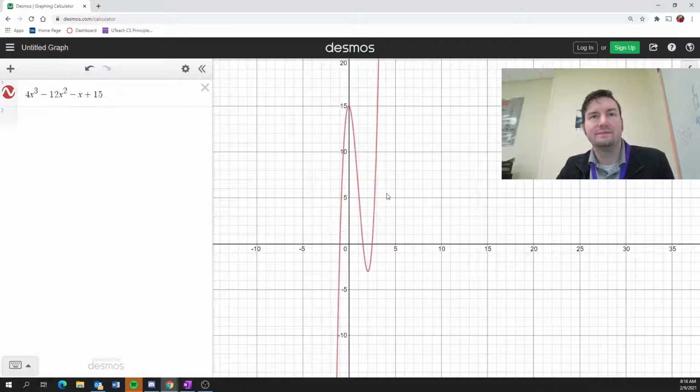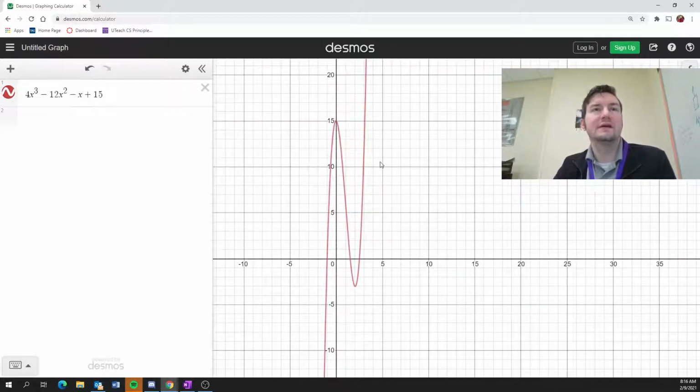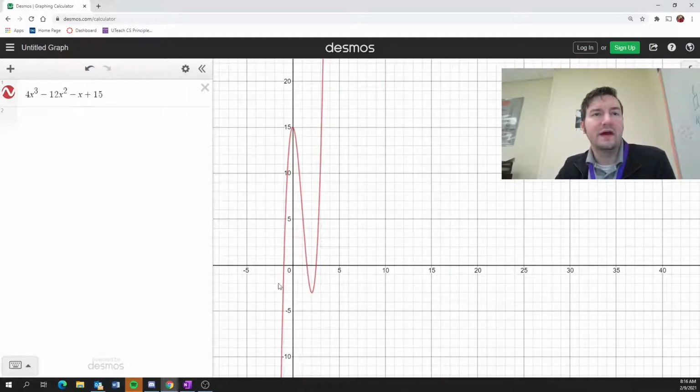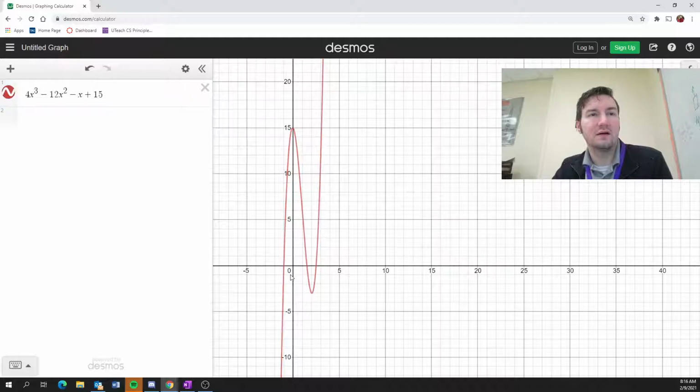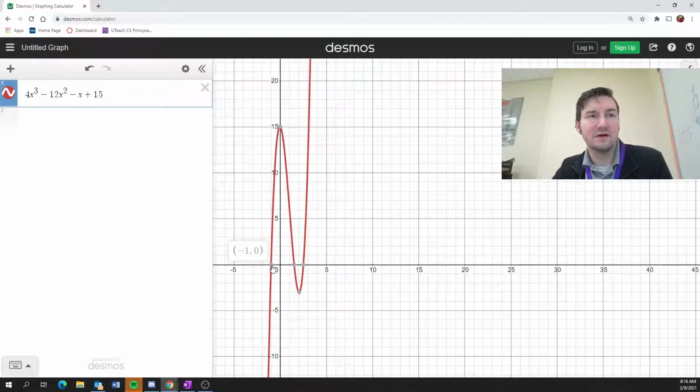All right, so this is our function. Now, we're going to have, of course, our zeros, or the place where it crosses the x-axis, at these points right here. So we can see that our zeros for this function are -1, 1.5, and 2.5.